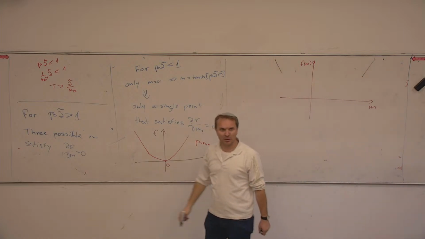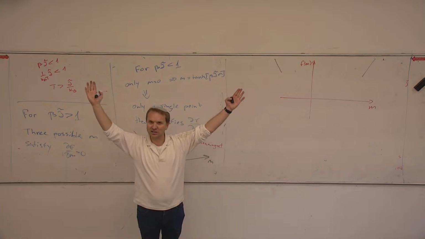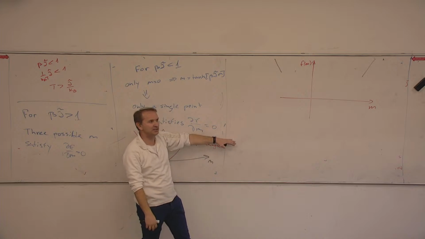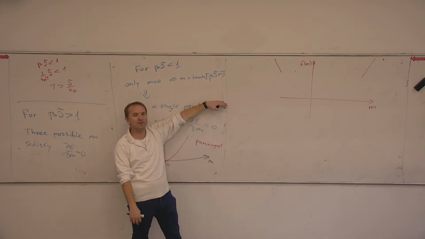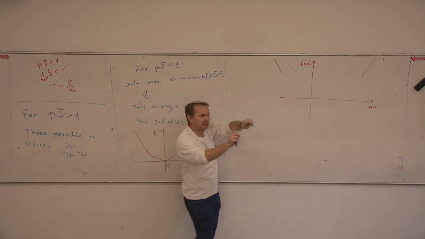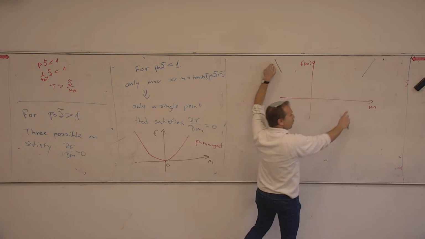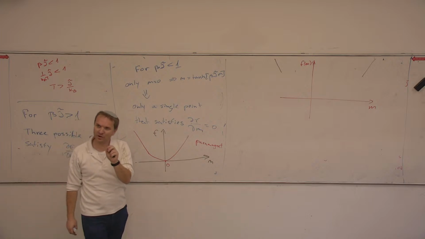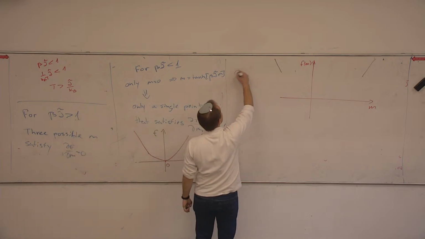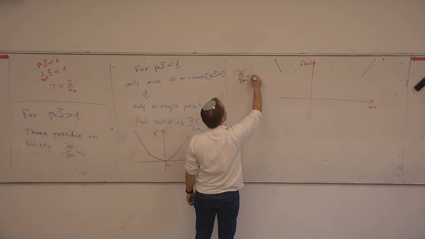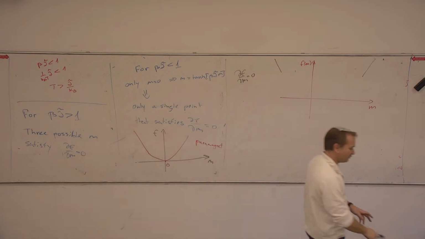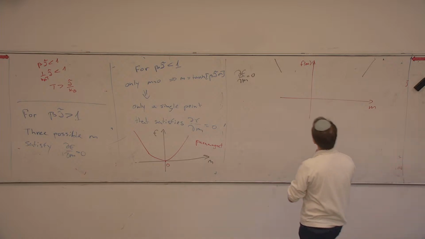Why does it have to explode? Because if it went to minus infinity, it would be a minimal solution. So the claim is it has to explode. Now we have 3 possible solutions where df dm equals 0. And your suggestion is that the function has to look like this.